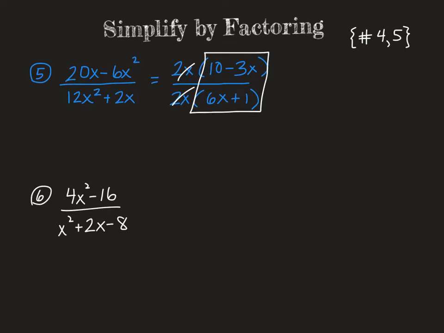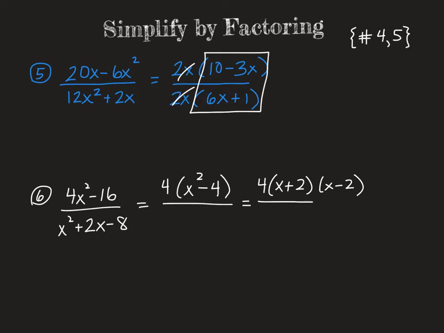In number 6, we can first factor out the GCF in the numerator, and the GCF in the numerator is 4. When we factor out the 4, we're left with x squared minus 4, and that can actually be factored further. This is a difference of squares, so this will factor to 4, and then we'll have x plus 2, x minus 2 for our difference of squares.